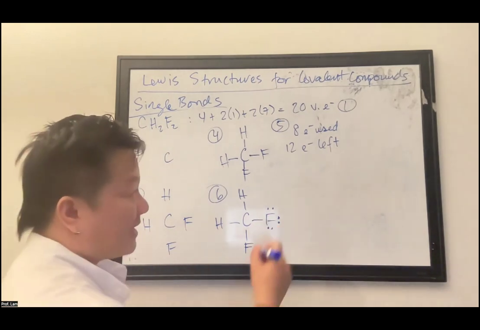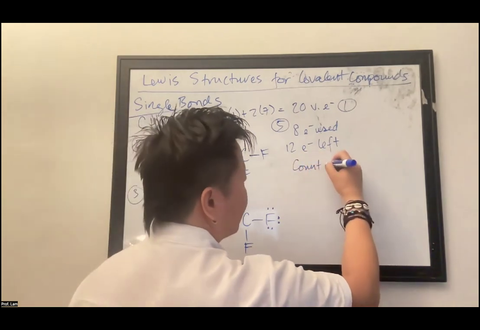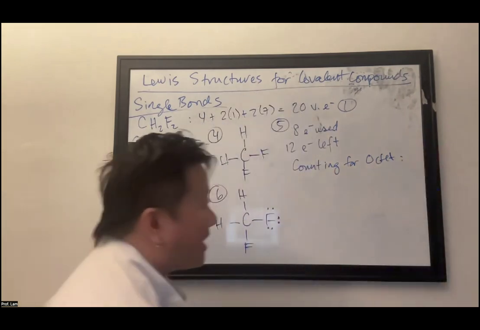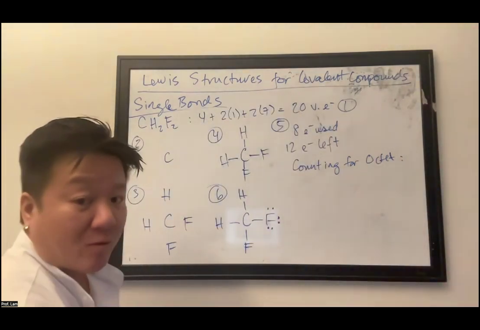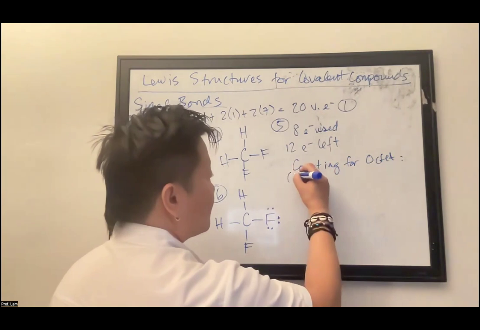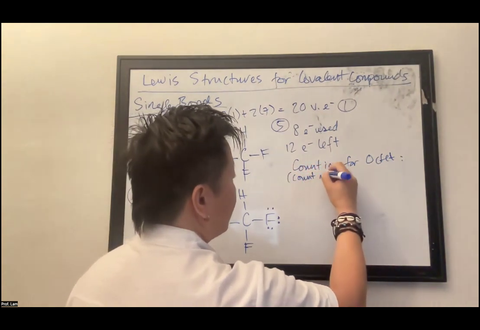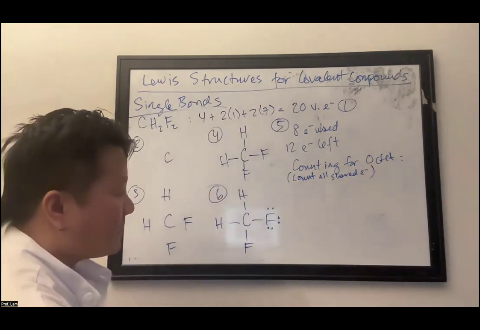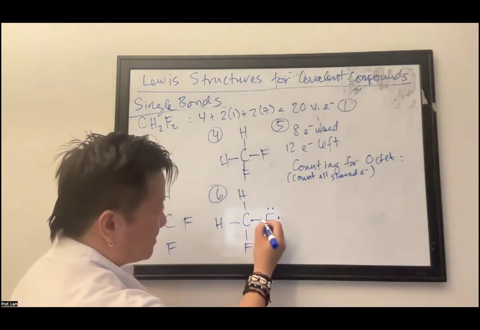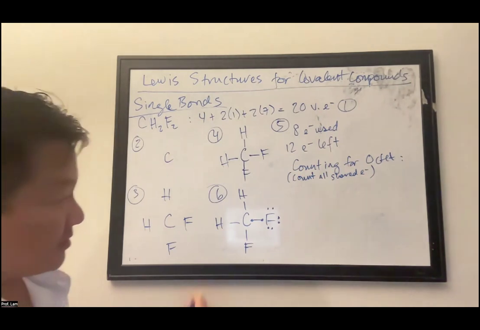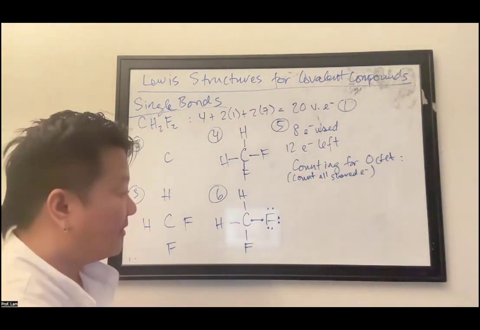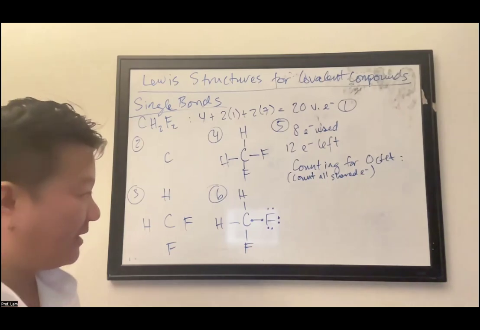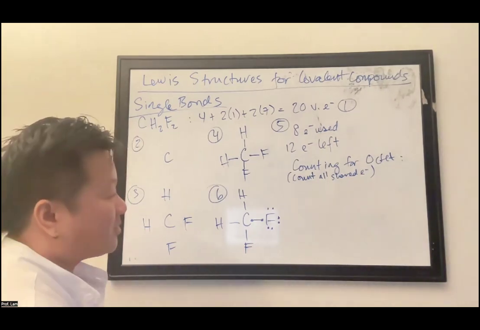So again, make sure that you guys know how to count for octet. When you count for octet, count all shared electrons. So remember that this bond is like this, but we're not gonna do that normally, because we're just gonna make a bond. It looks much cleaner. It looks less kindergarten, so we want to look cool.